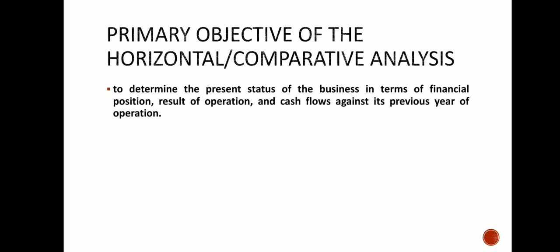So, for example, if we're doing horizontal or comparative analysis of the current financial statements ending December 31, 2020, the financial information in these financial statements will be compared and evaluated against the financial statements of the last year's period, which is the financial statements ending December 31, 2019.